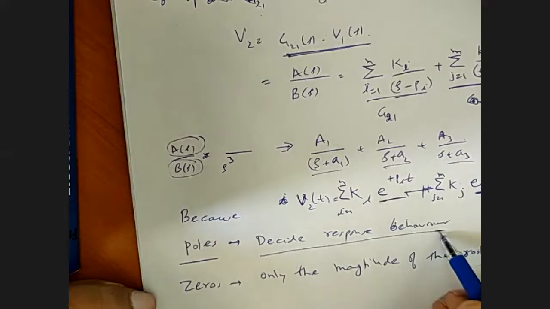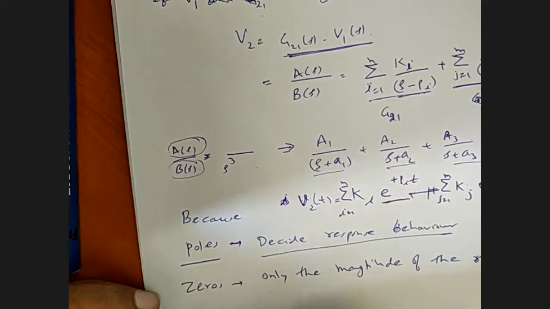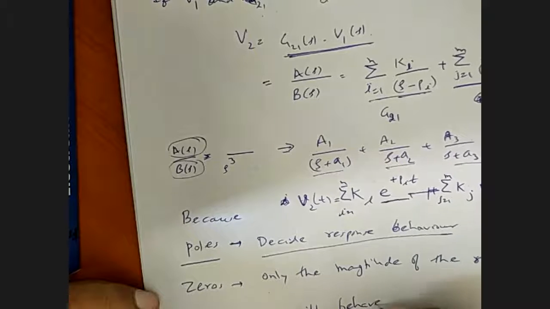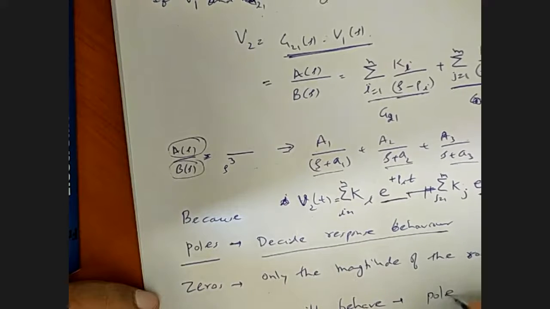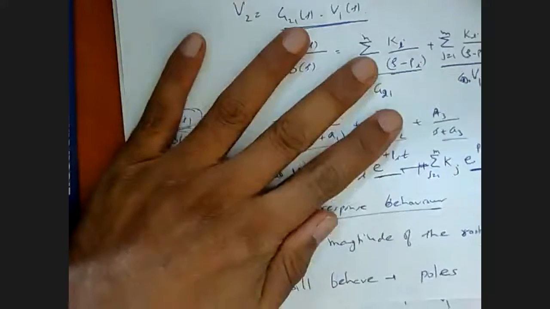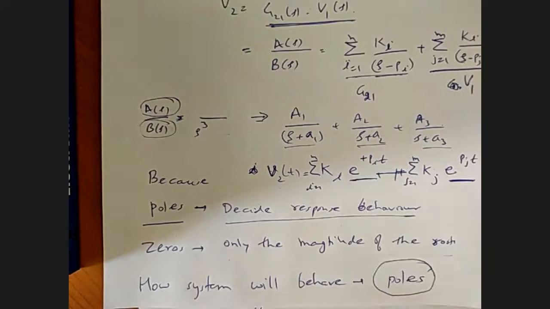So how the system response will behave will be decided only by poles. So poles are the main quantities for the transfer function.